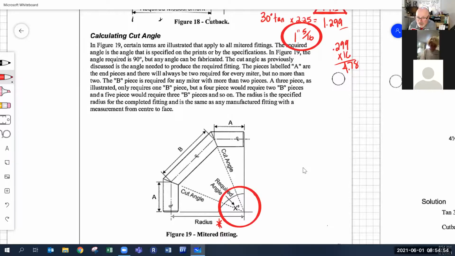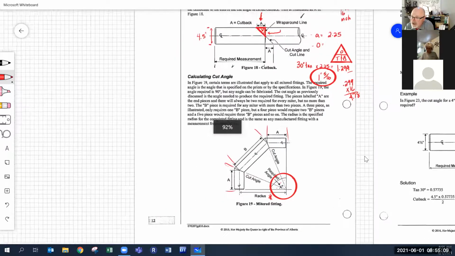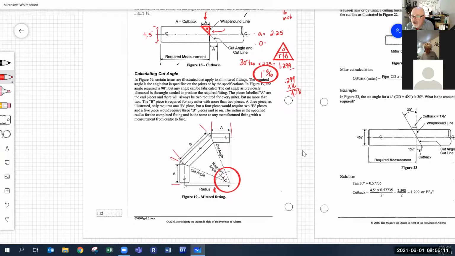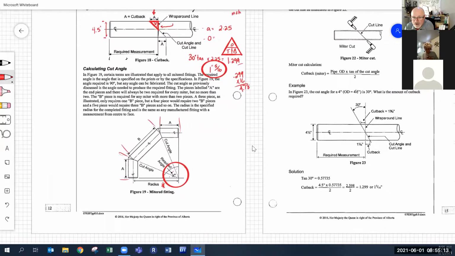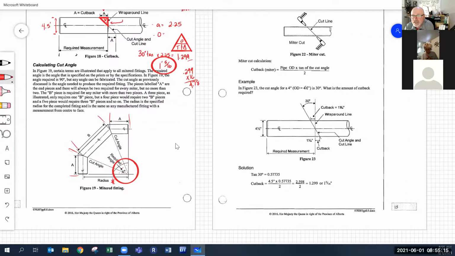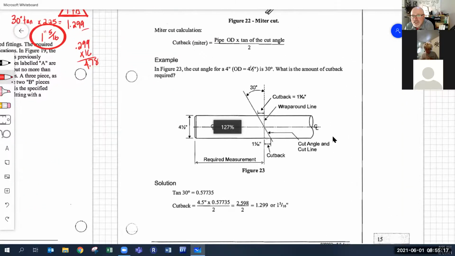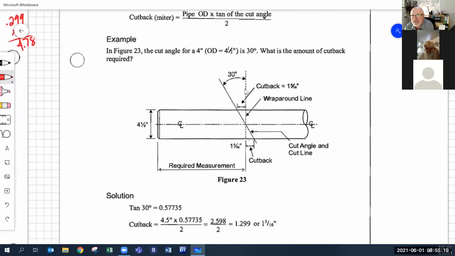We could find out our radius, we divide it, and then we can get our lengths of pipe after our cutback angles, etc. And that's how they do a miter fitting for steam fitters. But we're not steam fitters, so we are not going to do miter fittings. And as you see here, there is the example I just went through with you.